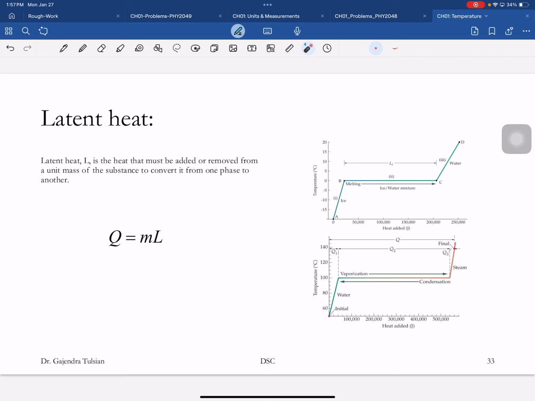You have two phase changes: solid to liquid and liquid to gas. This is latent heat of fusion, which is when your ice is melting, and latent heat of vaporization when it's going from liquid to gas state.